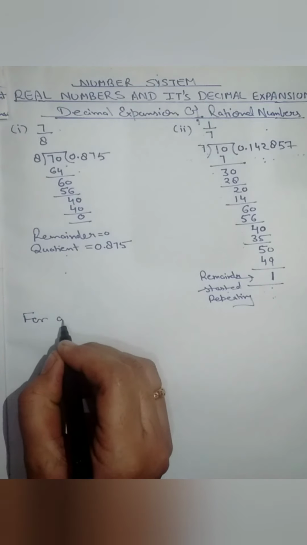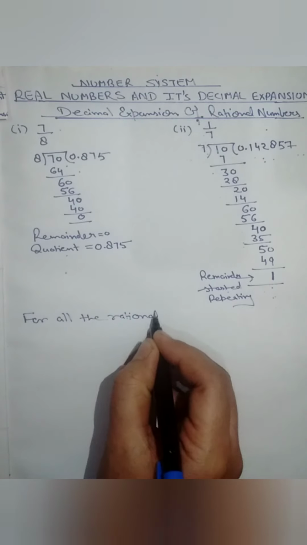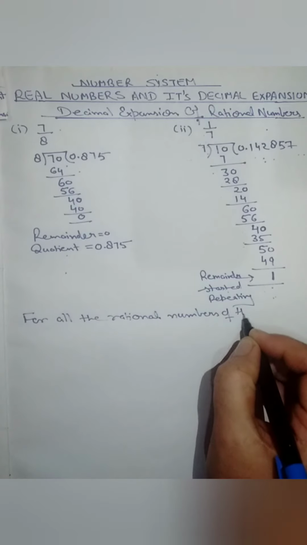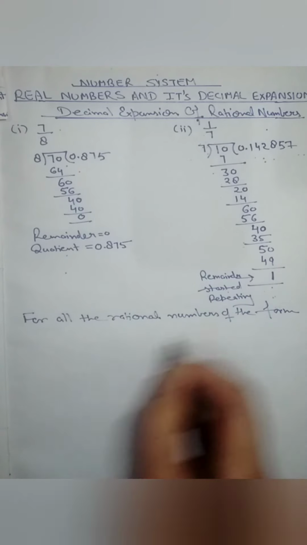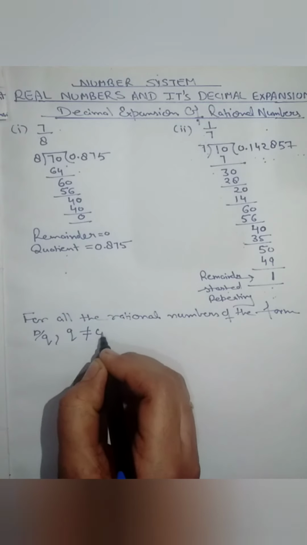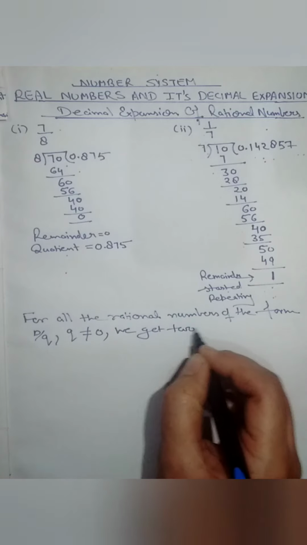So we can say for all the rational numbers of the form P by Q, where Q is not equal to 0, we get two cases.